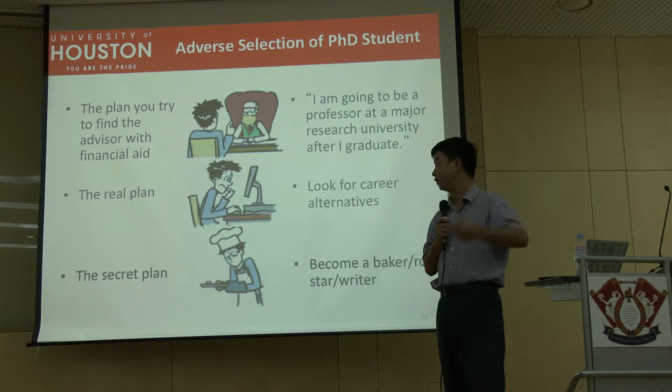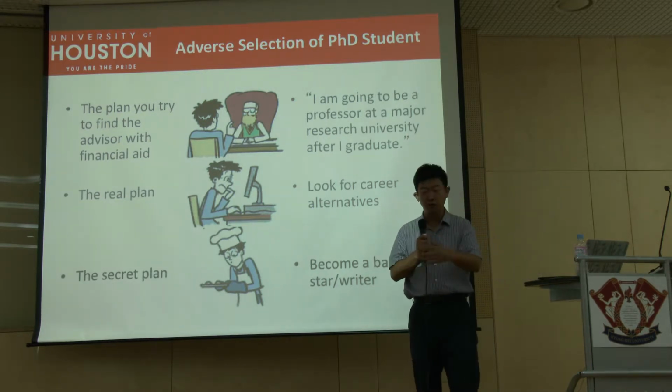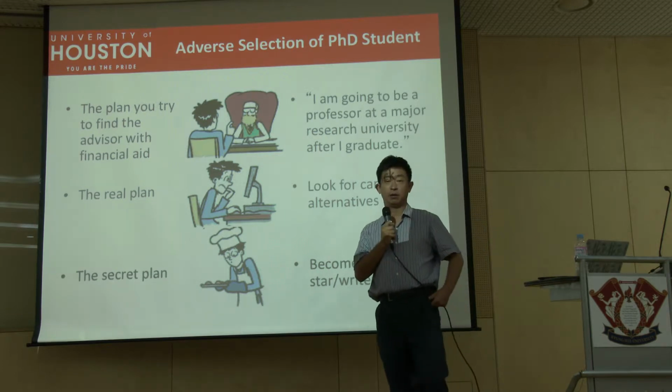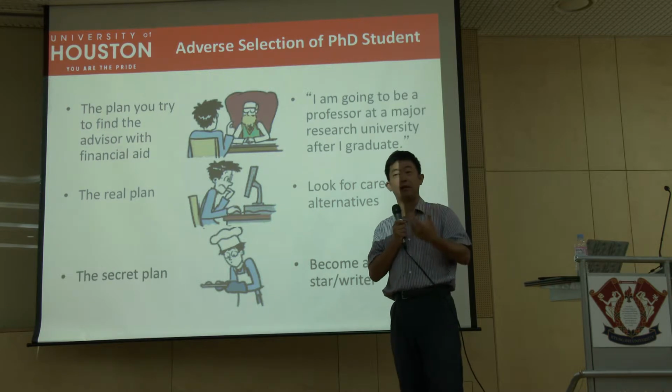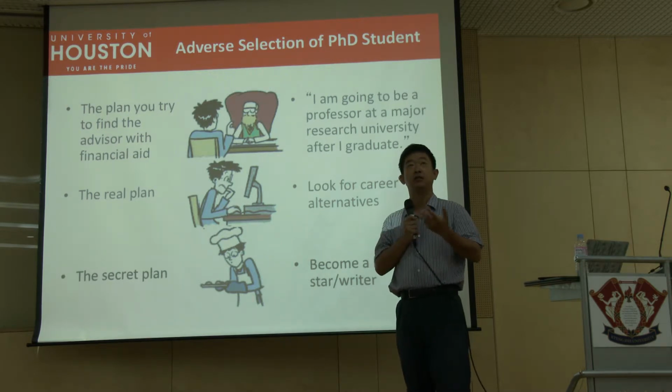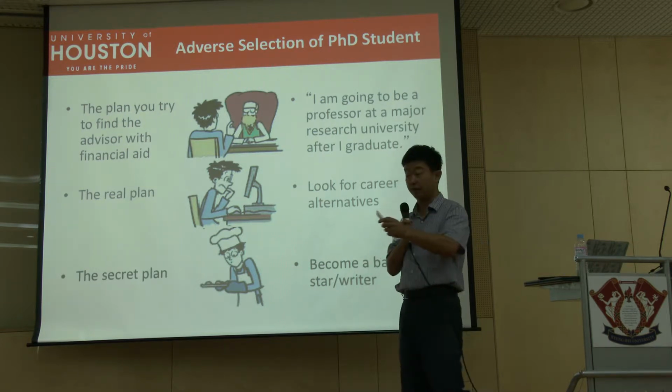I don't know you. So how could you overcome this problem? To overcome this problem, you try to design a contract which your student selects such that it fits them. So let's talk about this. I'll give you the example later.